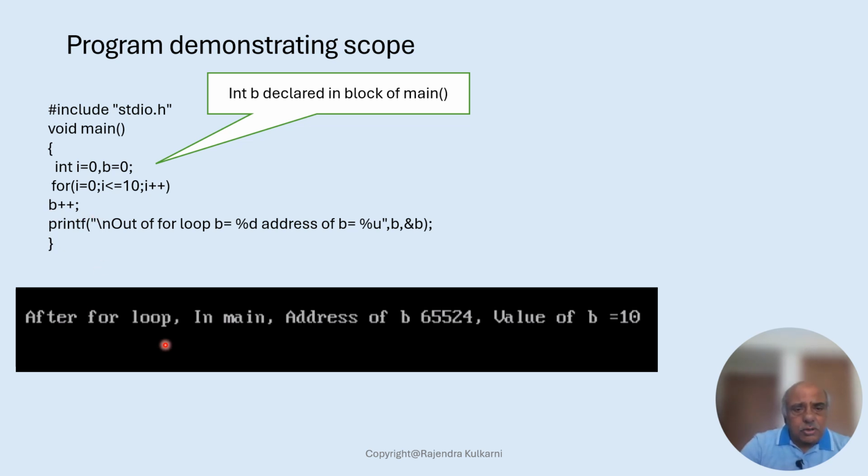So after for loop, in main address of b is 65524 and value of b is equal to 10 after the loop. Why? Because there is no conflict now in the for loop, as there is no other variable b declared within the loop. So main's b is available in the for loop also.